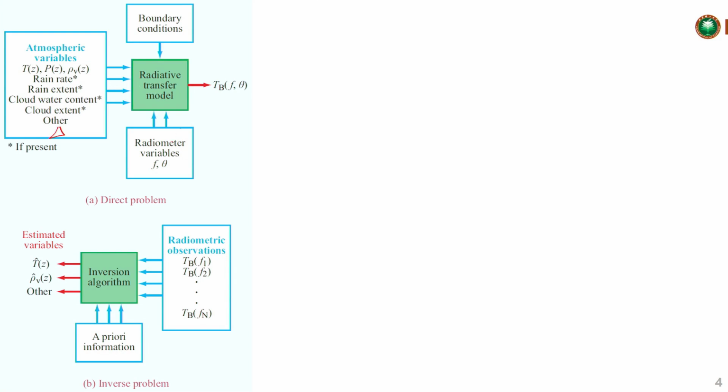Another thing that we need to input is the radiometer's own variables, such as the operating frequency and the observation angle, or the elevation angle, or the zenith angle. The third thing is the boundary conditions. For the boundary conditions, for example, we have the radiometer.